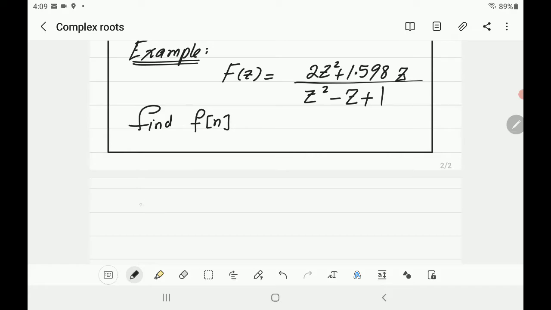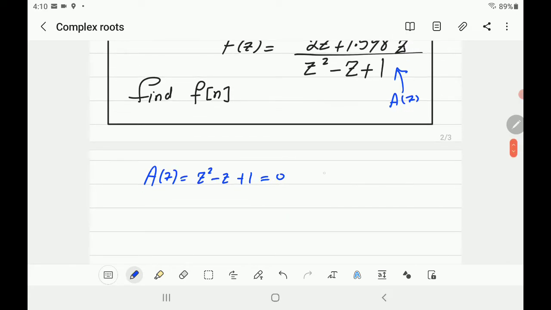Well, this is called A of Z, just to agree about it, and the top part B of Z. A of Z is equal to Z squared minus Z plus 1 equals 0.